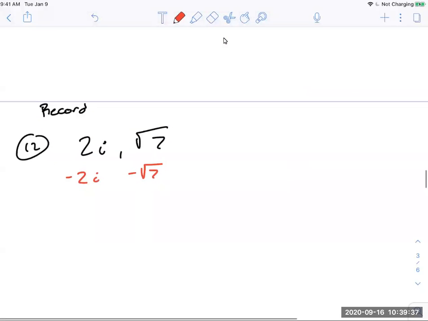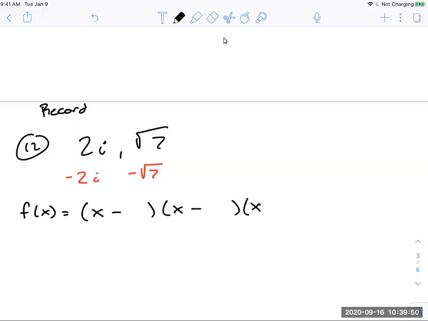So now I know I have 4 terms here. I have 4 zeros, which means when I set up my problem, x minus, x minus, x minus, that means I need 4 of these.